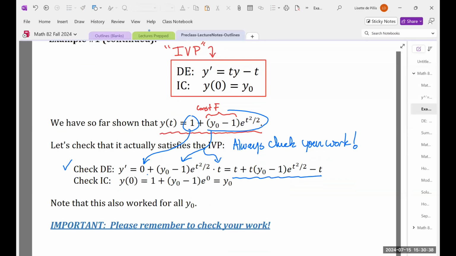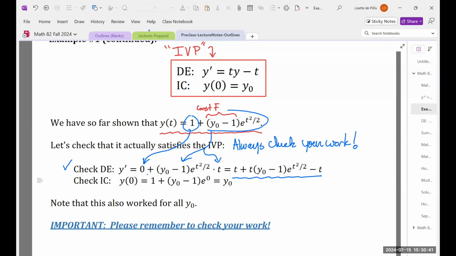So take our solution and plug it into the right-hand side of the differential equation. T times y gives us t times quantity y naught minus 1 times e to the t squared over 2. And then minus t, we add that. And then you see that the t and the minus t cancel. And indeed, the right-hand side of the differential equation equals the derivative of the solution we found. So our solution satisfies the ODE.